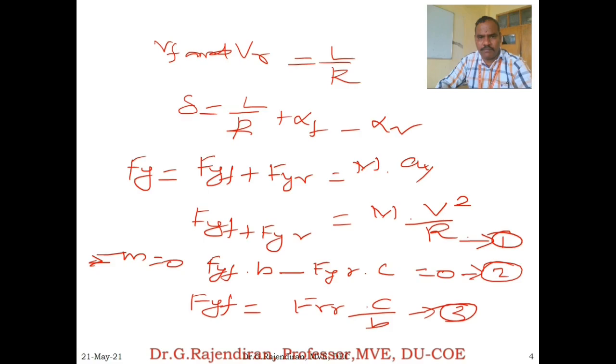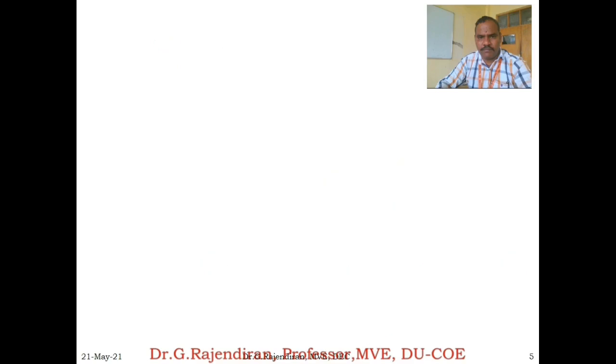When you substitute this into equation 1, m V square by R is equal to Fyr into C by B plus Fyr.